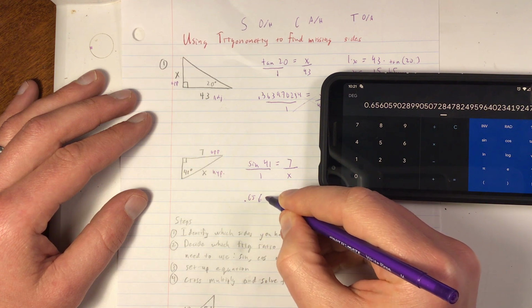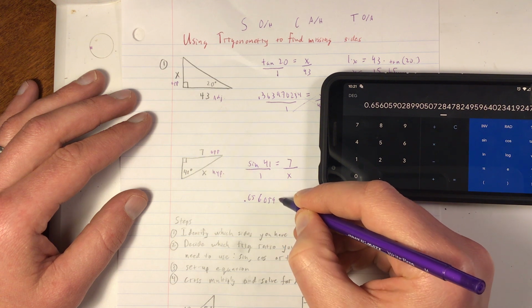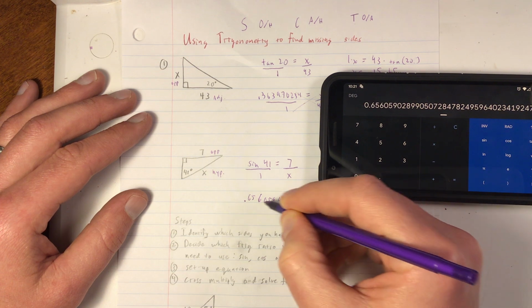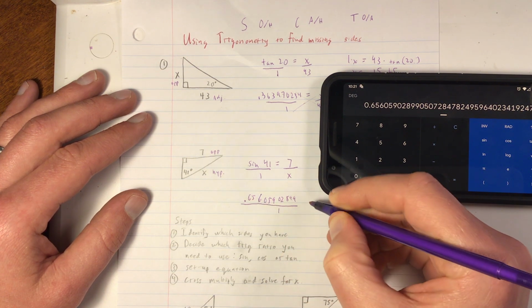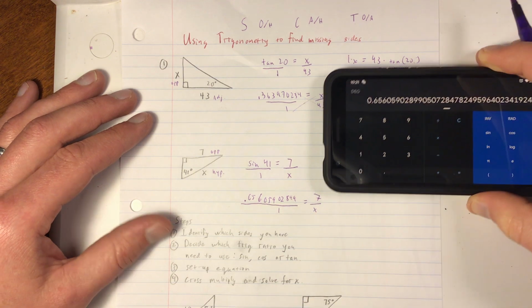6, 0, 5, 9, 0, 2, 8, 9, 9. All that over 1 is equal to 7 over x.